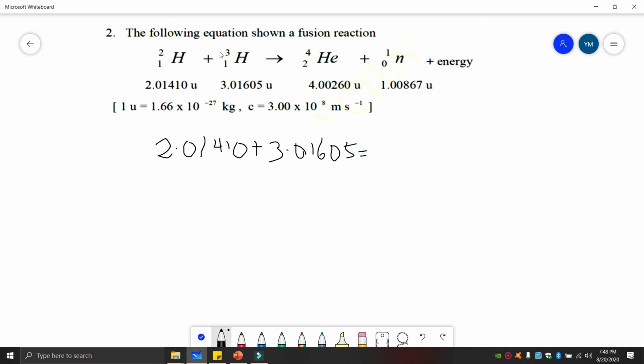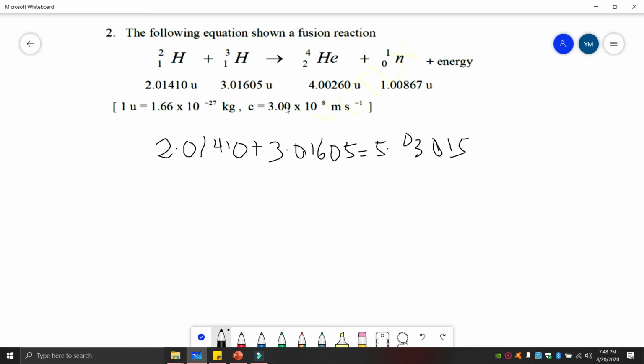When you add these numbers, we will get 5.03015.